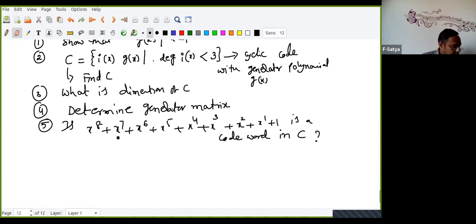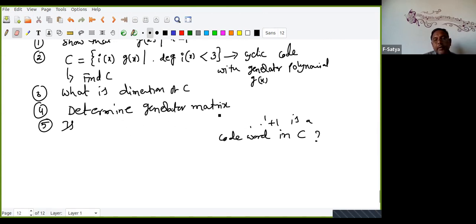Small modification. x^8 plus x^6 plus x^5 plus x^3 plus x^2 plus 1. Is it a code word? So I will change this. You start doing the first few questions, right?